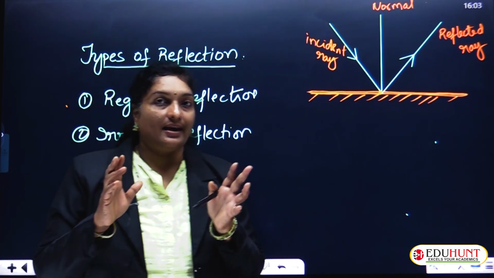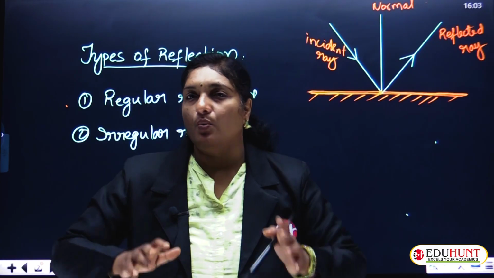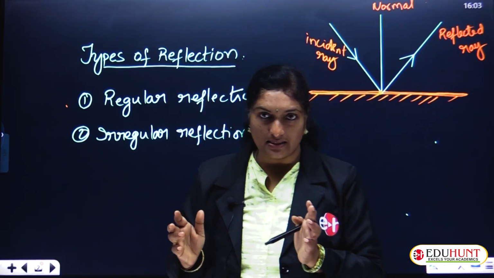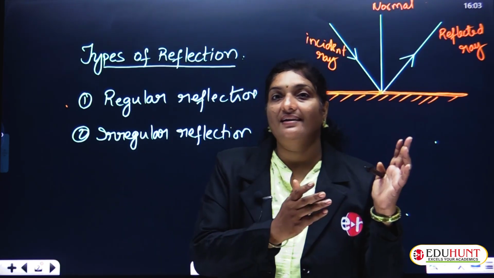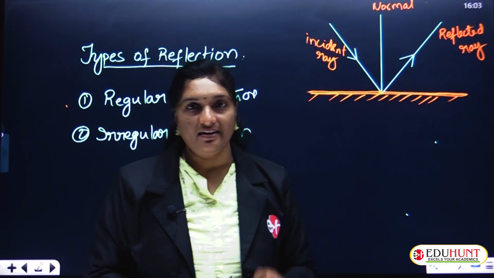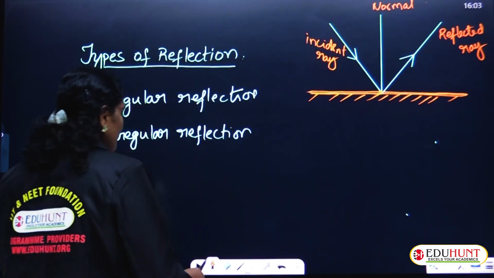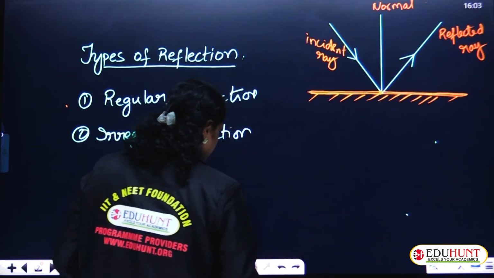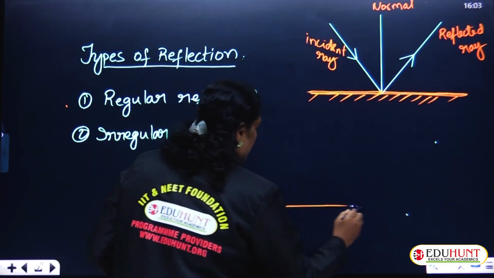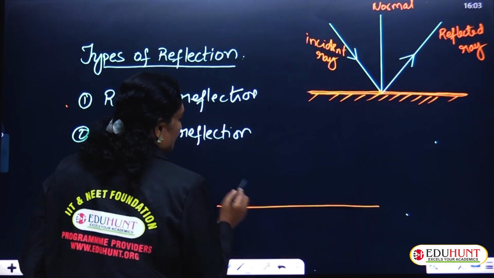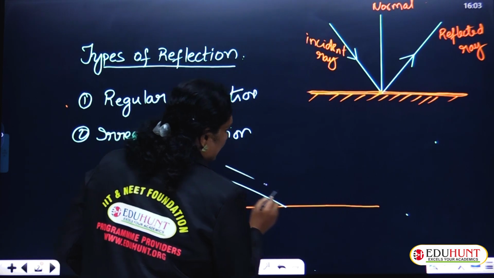The light ray after striking a very highly polished and smooth surface gives reflected light called your regular reflection, and the shape of the regular reflection will be something like this. Let this be the surface, and the regular reflection will take the form of exactly parallel lines.